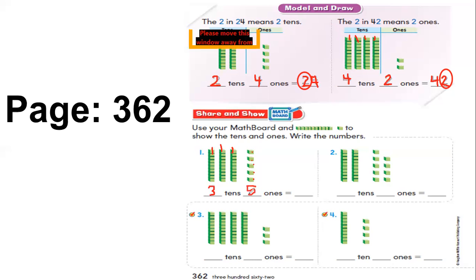Yes, so we have our answer. 3 tens and 5 ones equal? Yes, very good. Excellent, Miral. Very good, Warif. Yes, so we are going to get the number 35. Write your answer as 35.